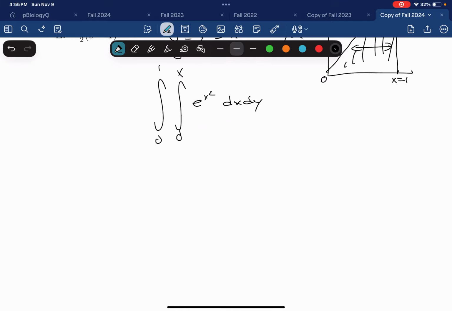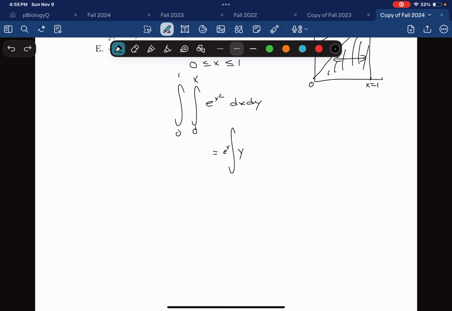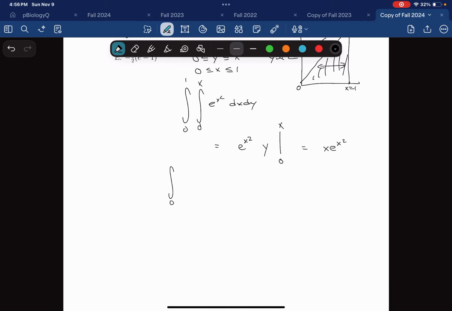Now we just have to evaluate. So this just becomes, let me pull the e to the power of x squared out there. My bad. Y, that would be 0 to x, which equals x e to the x squared. So now we have to do 0 to 1 of x e to the x squared.